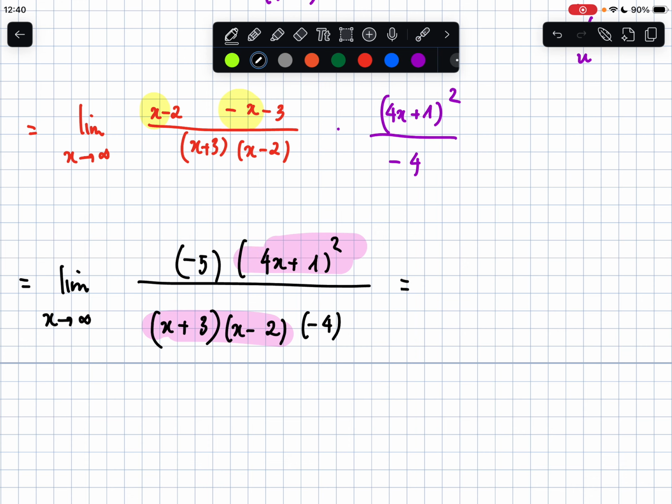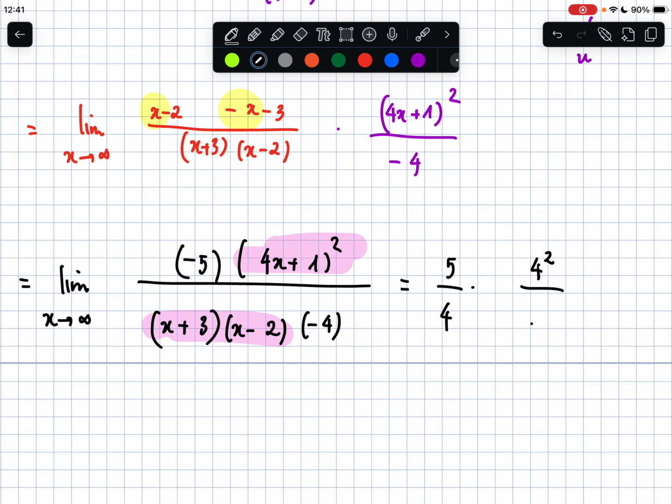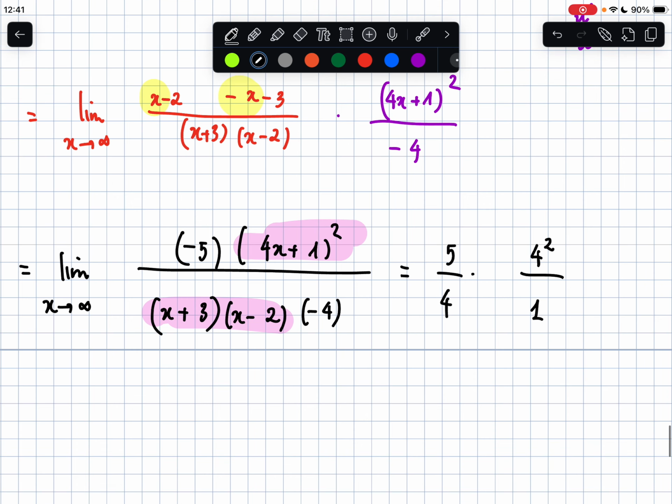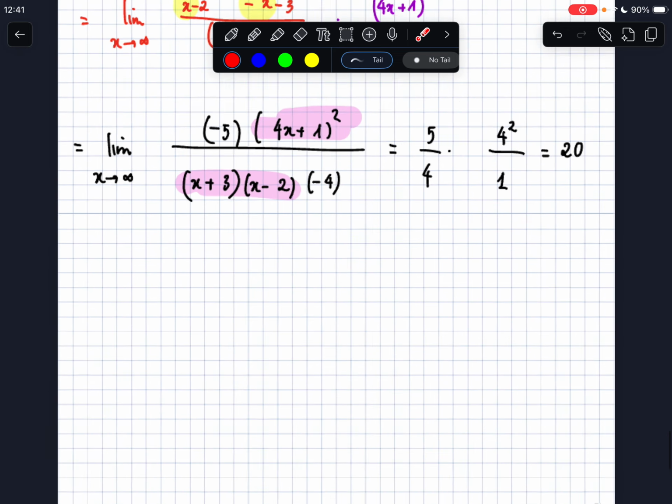So I first have minus 5 over minus 4, which is 5 over 4. And the coefficients come from this part: 4 squared for the numerator, 1 squared for the denominator. And therefore you have 5 times 4, which is 20. The limit of natural log of y is 20.